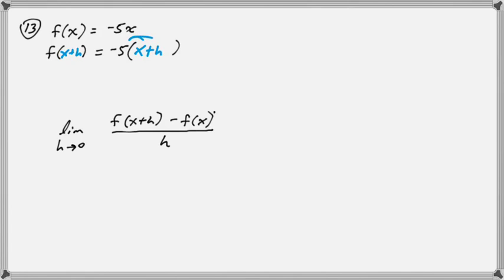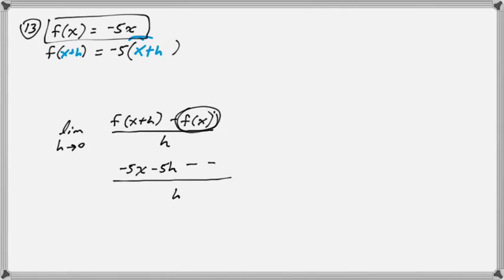So what would that give me for this first part? Negative 5x minus 5h. Now I have to fill in what f of x is, which is my original. If you do it properly, they're going to add to 0, giving me this, making the derivative negative 5.